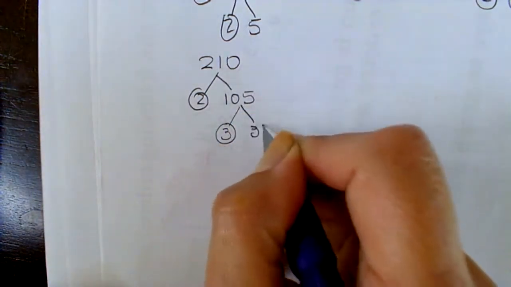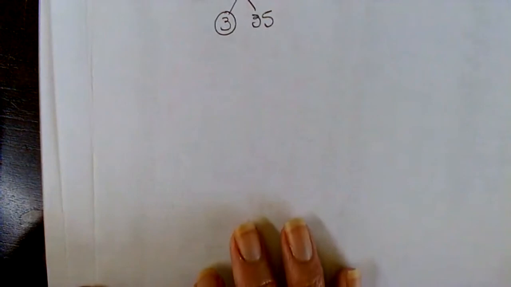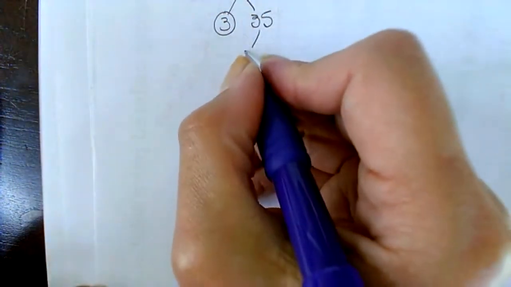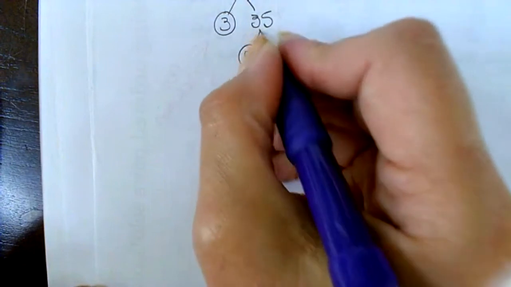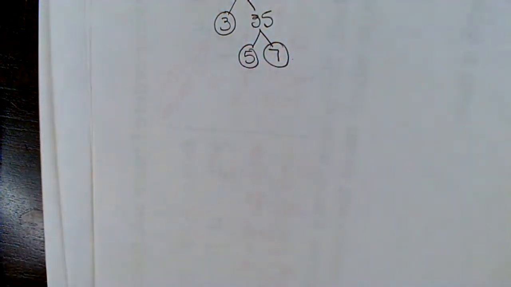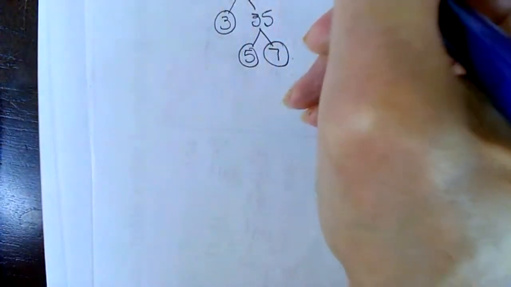That would be 35. 35 divided by 5, and that's going to be 7. So we know that this one is 2 times 3 times 5 times 7.